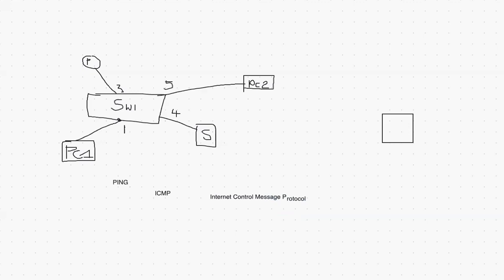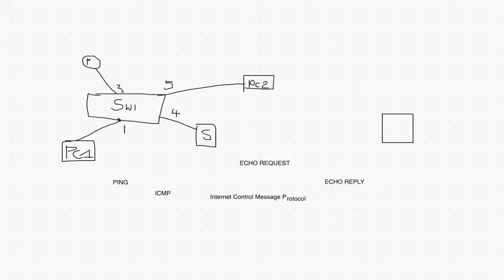So what does this do? When PC1 wants to talk to PC2, it will send a request packet, which is called echo request. What it is expecting back is echo reply.